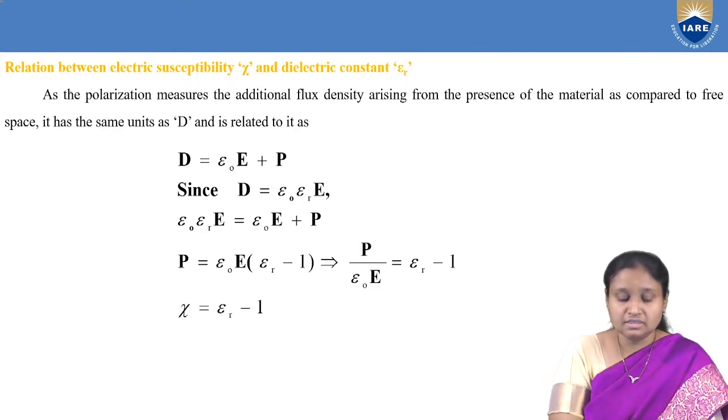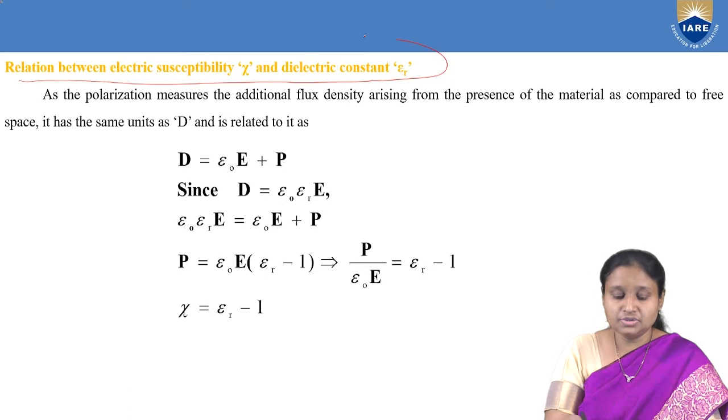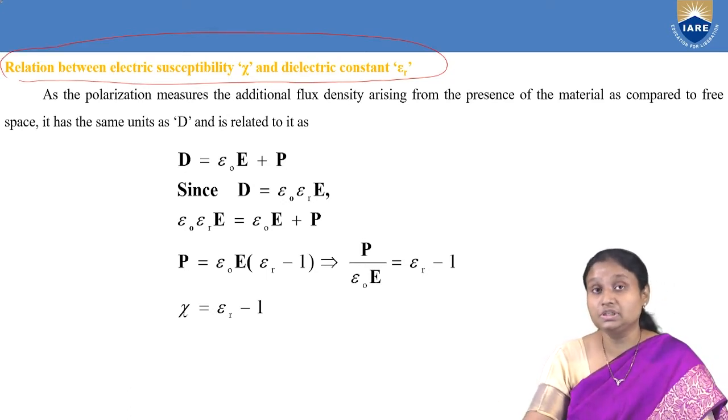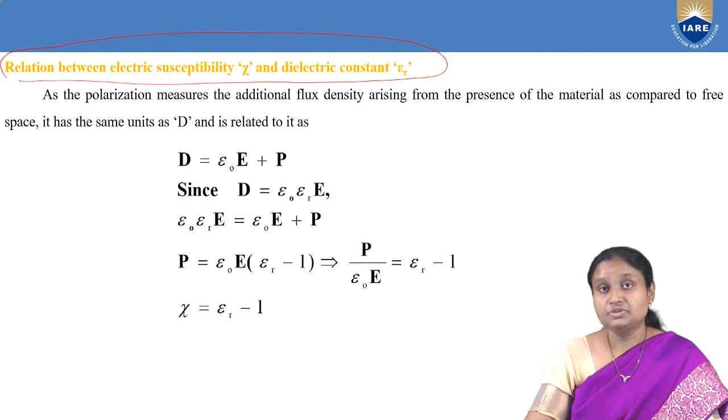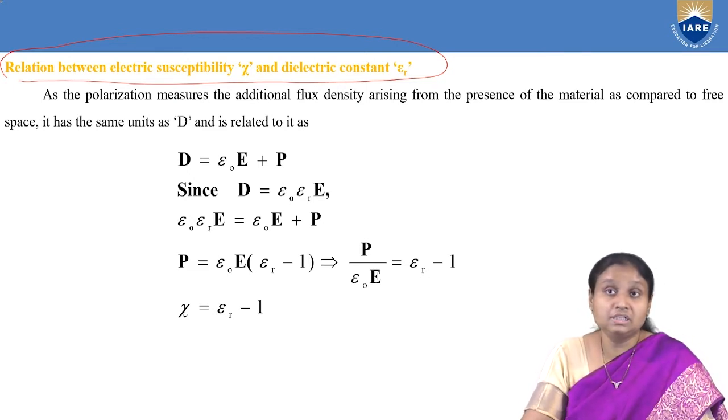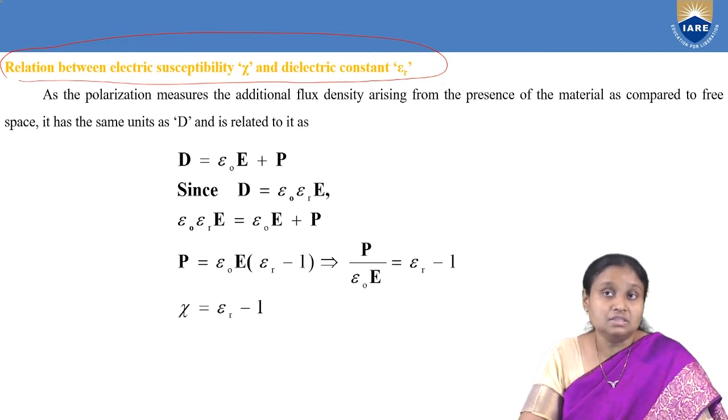Next, before we derive the Clausius Mosotti equation, the first thing is we should get a very important relation between electric susceptibility chi and the dielectric constant epsilon r associated with the dielectric material.